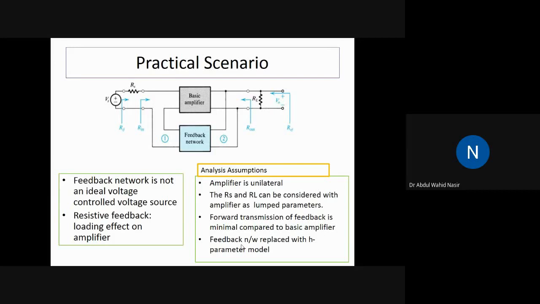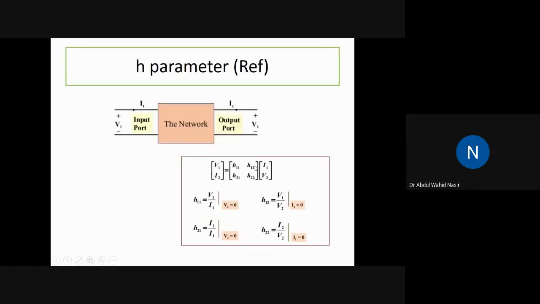Just for your recap, see the representation of hybrid parameters, how we can define them. This is the two-port network, with V1 and I1 at the input port, and V2 and I2 at the output port. From this matrix equation, we can have the definitions of the different hybrid parameters: H11, H12, H21, and H22.